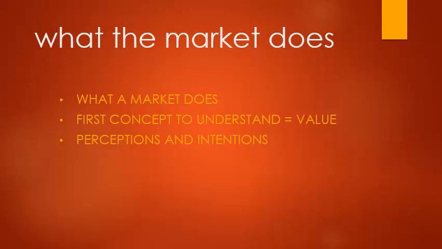And a first concept to understand is value. And value is something that the market defines. The market defines where current value is, and the movement of the market defines where the perceptions of value are between the buyers and sellers that are in that marketplace. The perceptions and intentions of the buyers in any marketplace: when somebody's buying, their perception is that value is higher or that value will be moving higher.